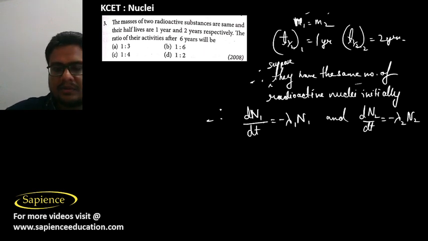We have the same number of radioactive nuclei initially. So we know that T half is equal to ln2 by lambda.